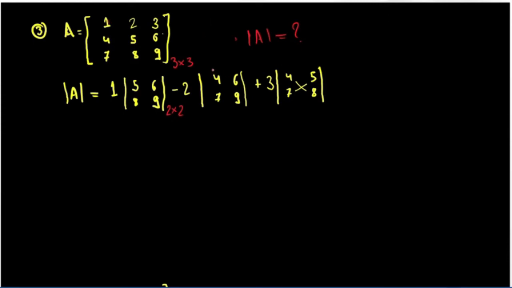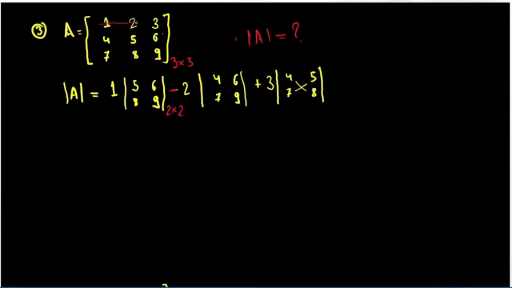So I have written this 5, 6, 8, 9 as a 2 cross 2 matrix. Then in the second step, I will take this second element, that is 2, outside the matrix, and I will put a negative sign here. This is the standard procedure, so you have to follow the same procedure. Then I will hide its respective row and column.